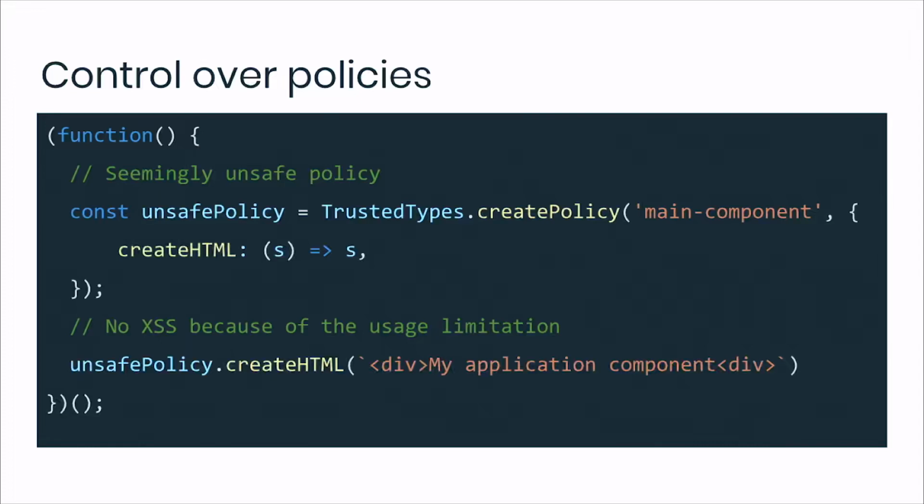It's just some part of template rendering of your application, for example, or template management. So this is an additional control that we can add to our JavaScript programs, such that we can compartmentalize the modules within our applications and give broader access to the policies that are sanitizing, and much stricter, locked down access to the policies which are more risky, let's say.